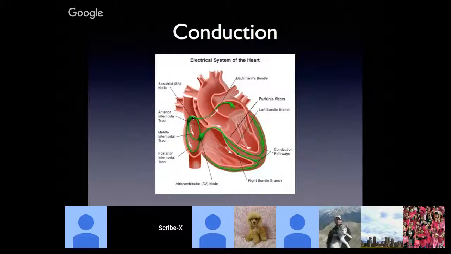So the sinoatrial node develops a voltage potential, reaches a threshold potential, depolarizes, and sends a signal through specialized fibers to the atrioventricular node. The AV node is so named because it's situated between the atria and the ventricles.